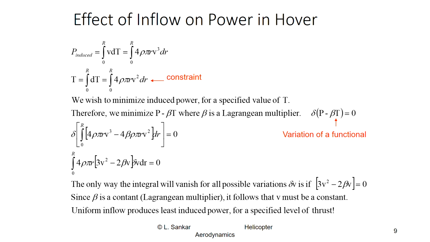Since beta is a constant, a Lagrangian multiplier, it follows that the v must be a constant, because beta is 3 over 2 times v. So if beta is constant, induced velocity is constant. Therefore, variational calculus says uniform inflow produces the least induced power for a specified level of thrust.